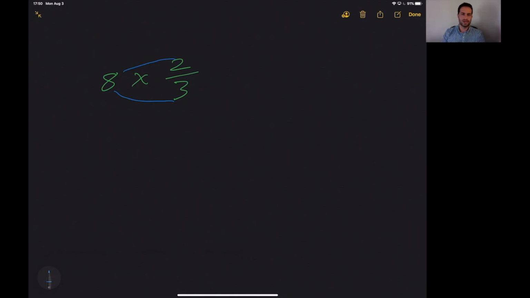Now you say, well, Ryan, what does that mean you're multiplying by 1? I multiplied by 8 on the top and 8 on the bottom. So I didn't multiply by 1, I multiplied by 8. Well, let me show you. Okay, so here we go. If I multiply by 8 on the top and 8 on the bottom, it will actually look like this. 8 on the top, 8 on the bottom, times 2 over 3.